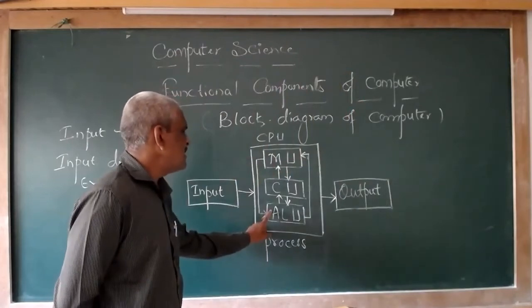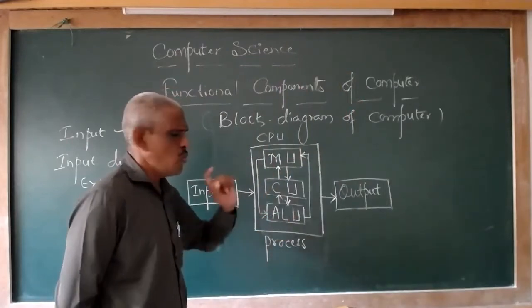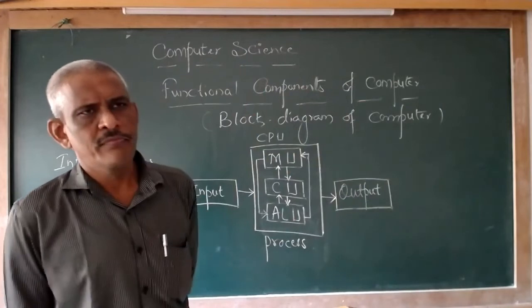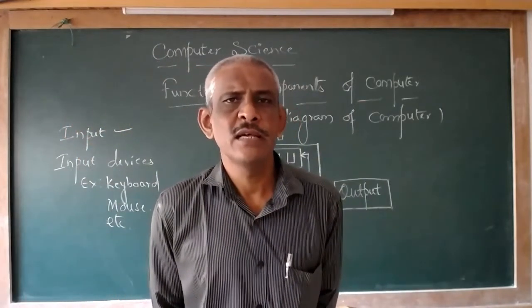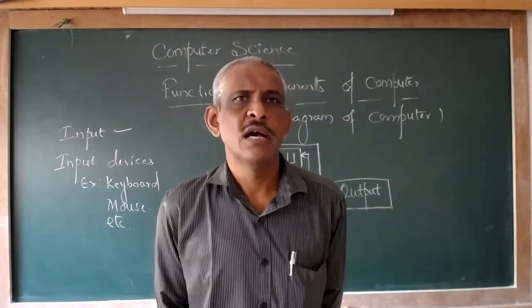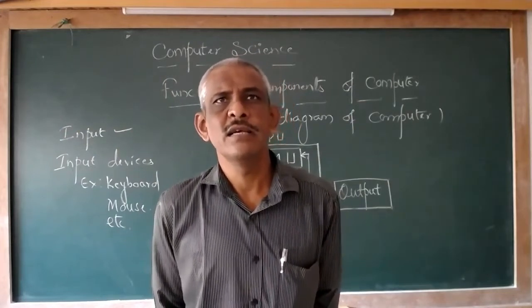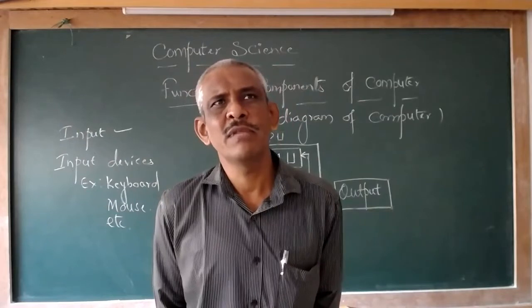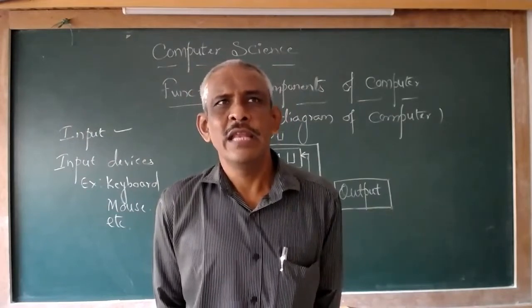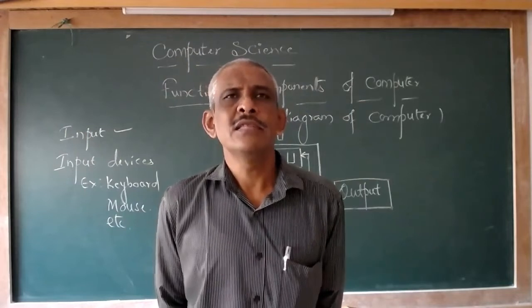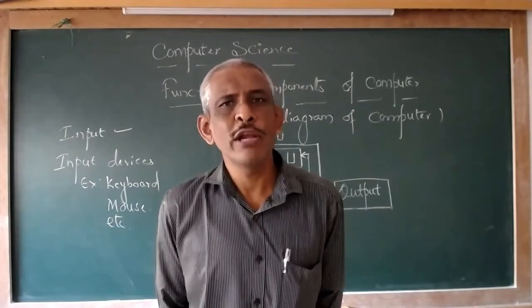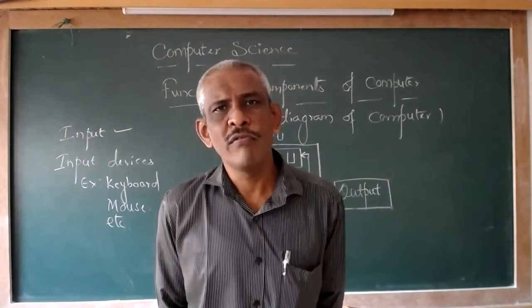The next one, ALU. That is arithmetic logic unit. Again, from the name only you can understand the meaning of that. This unit is going to perform any type of calculations.